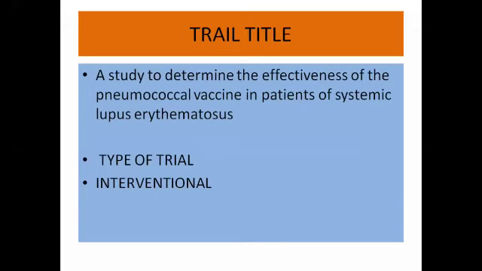And the next trial is a study to determine the effectiveness of the pneumococcal vaccine in patients with systemic lupus erythematosus. So they are running trials on the effect of the pneumococcal vaccine.